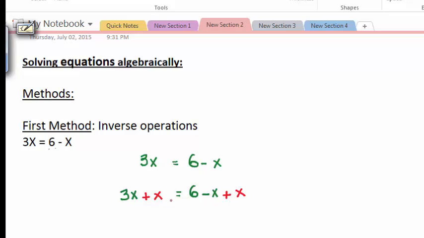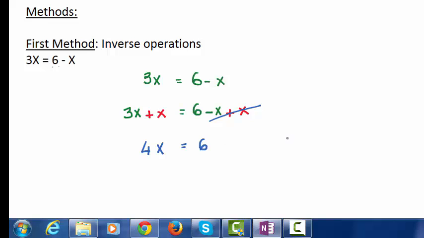So it's the same. Now, where is this going to lead us? The minus x plus x is going to lead to a zero pair. So the result is going to be 6. And on the other side, 3x plus x is exactly like 3 apples plus 1 apple equals 4 apples, 4x.